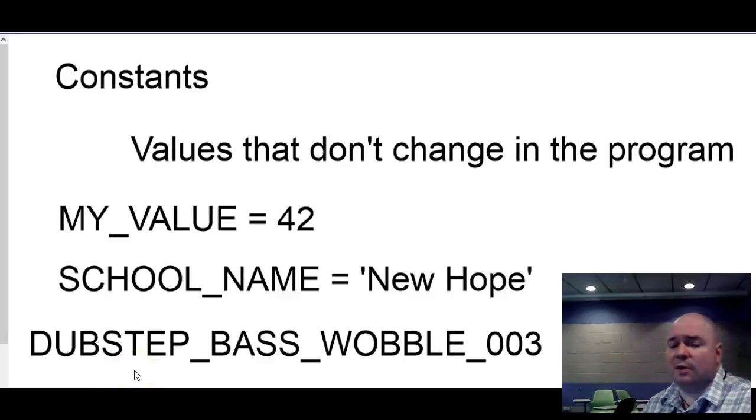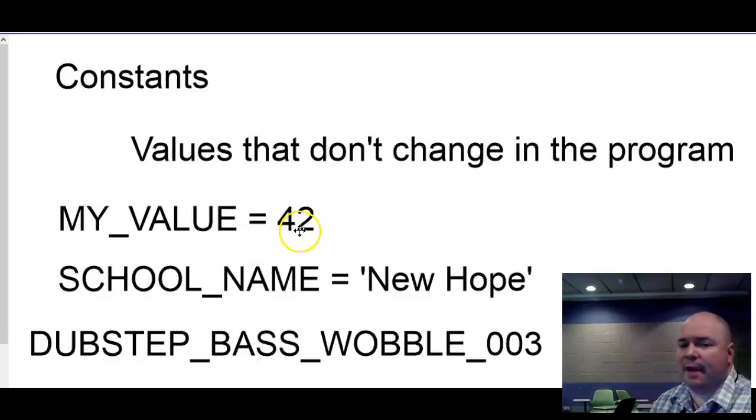So constants are variables, but for most cases, Python doesn't care about the difference between a variable and a constant. Really, it's information for the programmer. And the way constants are written, typically, style-wise, is they use all capital letters, and if there's more than one word in the name, they separate it by an underscore.